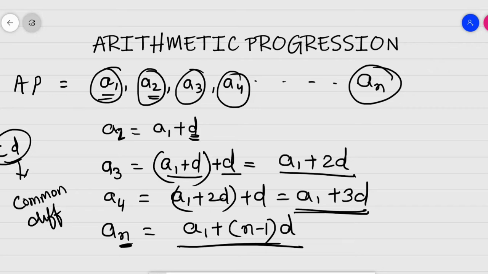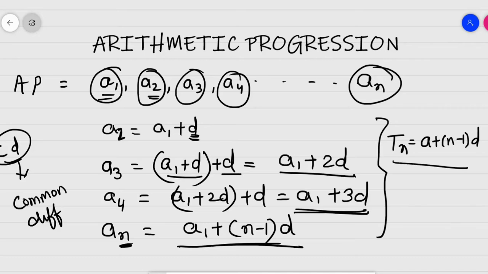So your nth term is denoted by Tn. Tn is equal to a plus (n minus 1) into d. This way, if you are asked to find the nth term, you can find it using this formula.